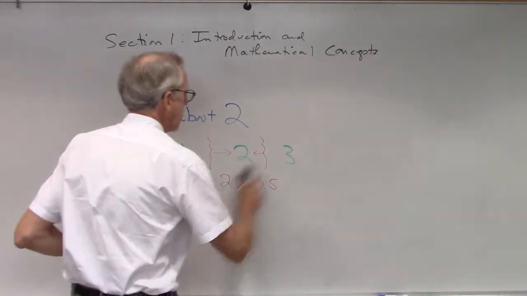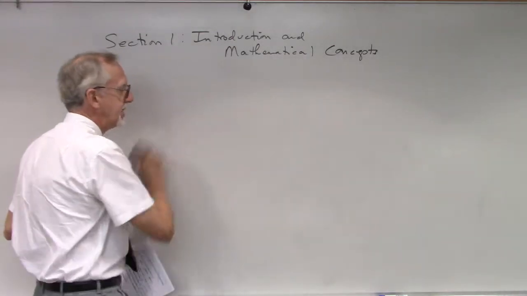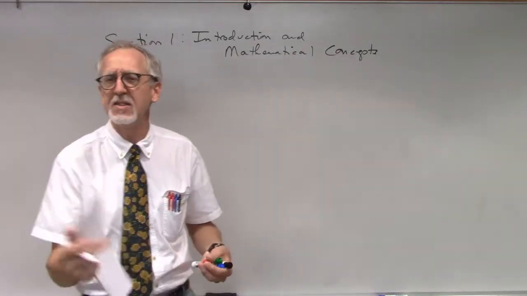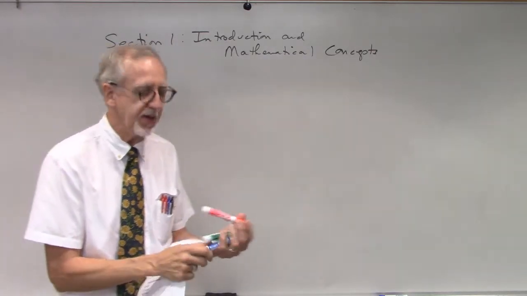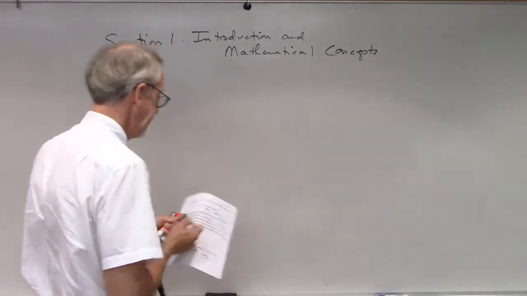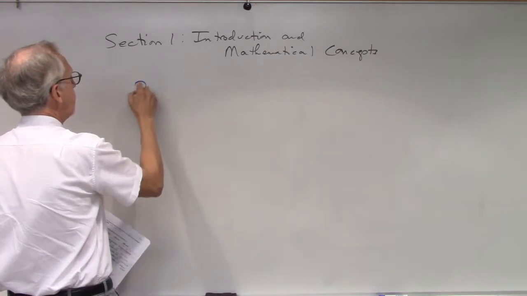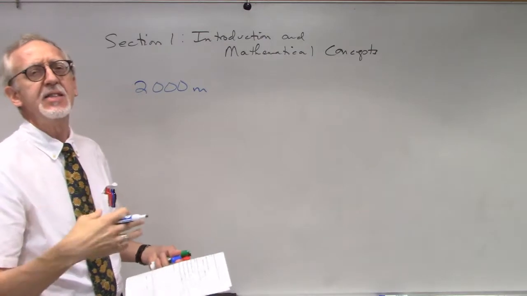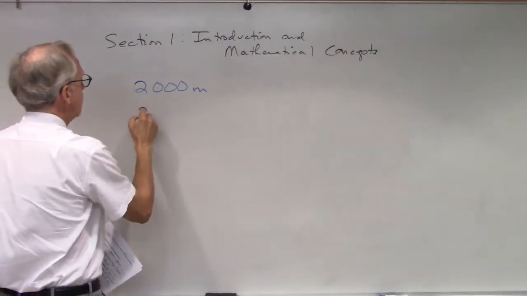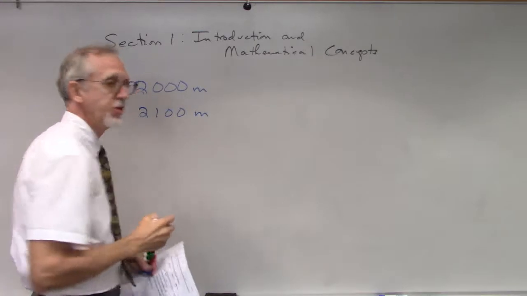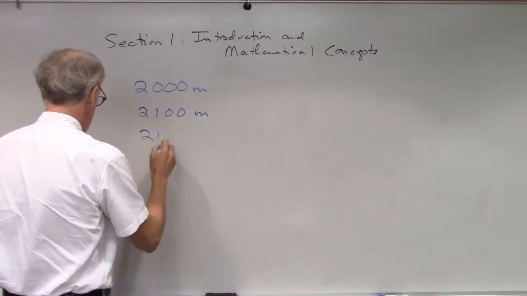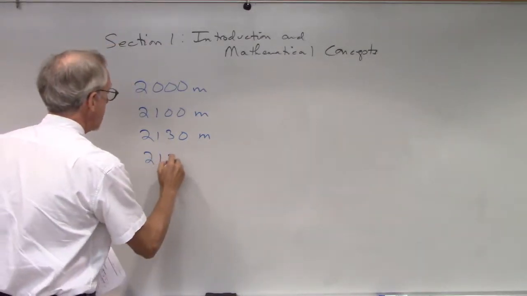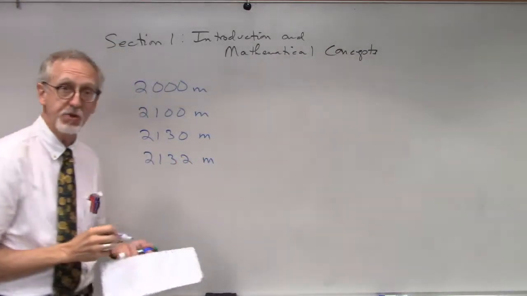So let's imagine we're talking about a distance, maybe the distance from where we are now to some other place. And rather than 2, let's say 2,000. Let's imagine I say that the distance from here to some place is 2,000 meters. Now, what's the difference between saying the distance is 2,000 meters or 2,100 meters or 2,130 meters or 2,132 meters?